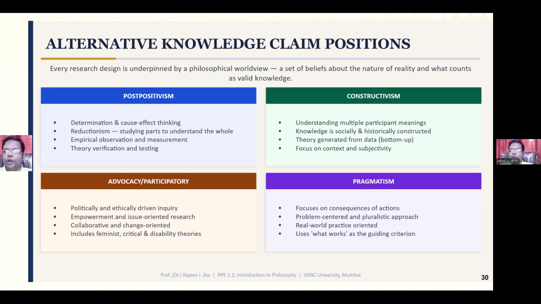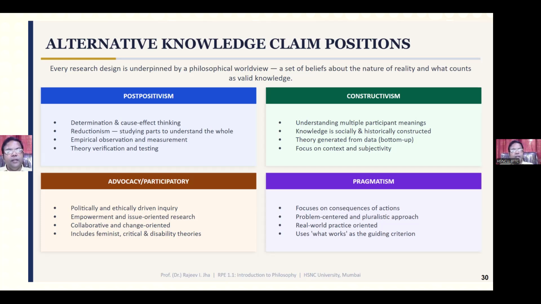They ask not only what is true, but whose truth is being represented and at whose expense. For researchers working with marginalized communities in law, health, education, or cultural practice, this framework is both methodologically and ethically essential.